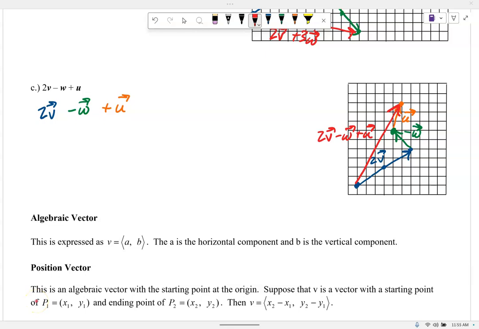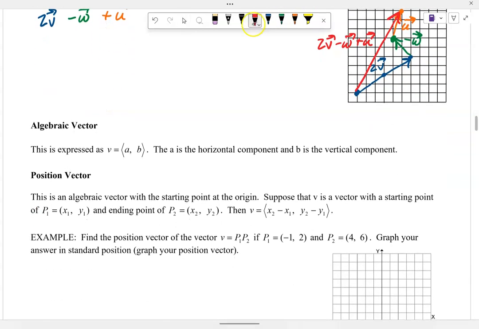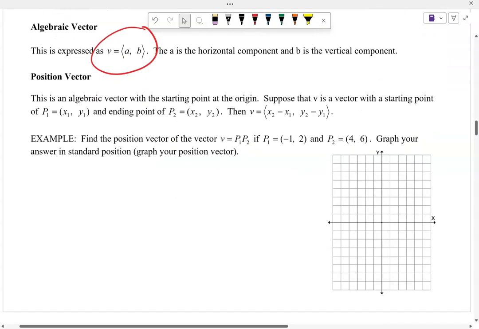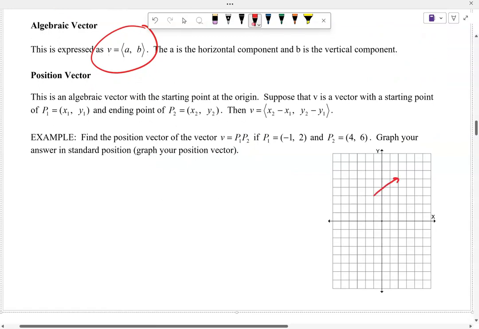Algebraic vectors. So we can express these vectors with the horizontal component and the vertical component. So vector b can be expressed as a, b there, the horizontal and vertical components. And this is the position vector, because you can have multiple vectors all over the place and they could be equivalent.